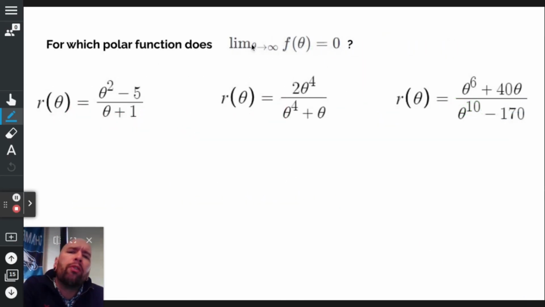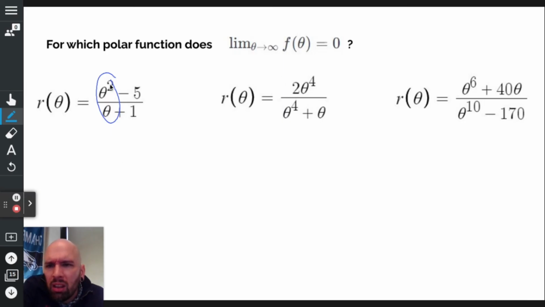For which polar function does the limit as theta approaches infinity of that polar function equal 0? I have 3 polar functions right here. I need to find the one where the limit equals 0. Well, if this was chapter 1 and I had thetas at the top and thetas at the bottom, I would only focus on the first term of each.